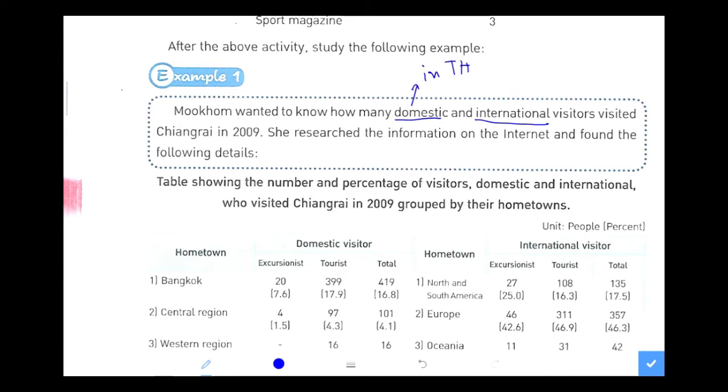International means people who come from somewhere not Thailand, the foreigners, maybe from USA, from UK, somebody who is not Thai. She researched the information on the internet and found that the result is like below.